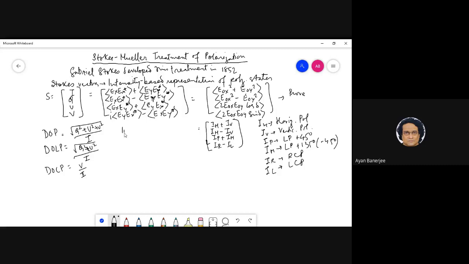So in terms of the coherency matrix, we can straight write down the Stokes vector: S as phi xx plus phi yy, phi xx minus phi yy, phi xy plus phi yx, and i times (phi yx minus phi xy).